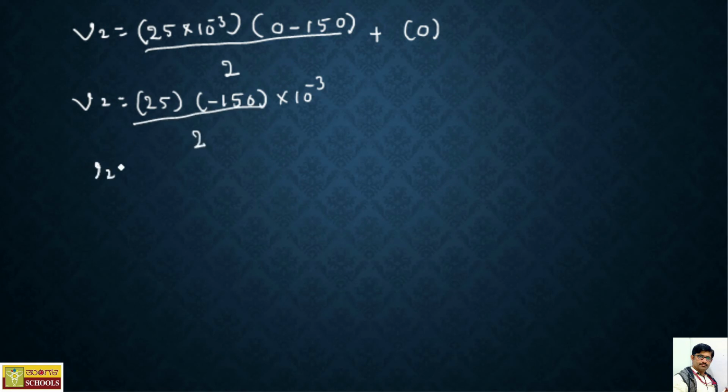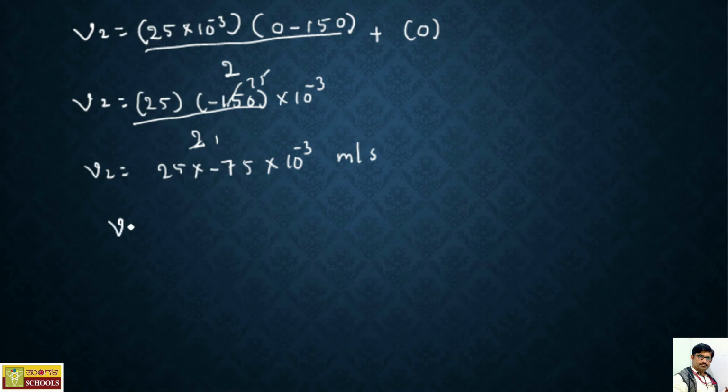So V2 is equal to simply, 2 ones are 2, 75 is minus 75 into 25. It can be written as 25 into minus 75 into 10 to the power minus 3 meter per second left in the end. Therefore V2 is equal to minus 1875 into 10 to the power minus 3 meter per second.